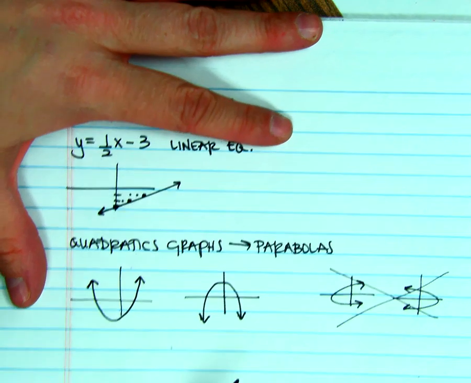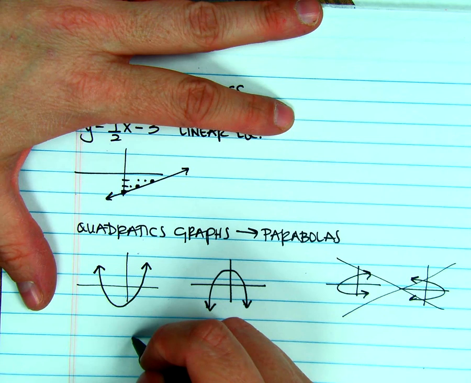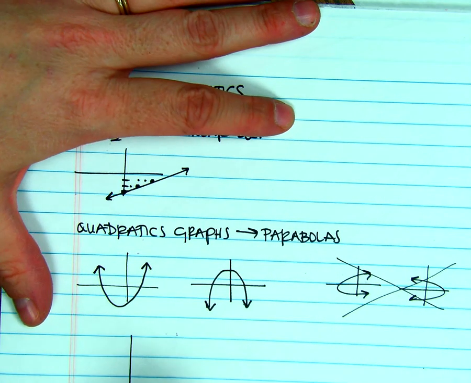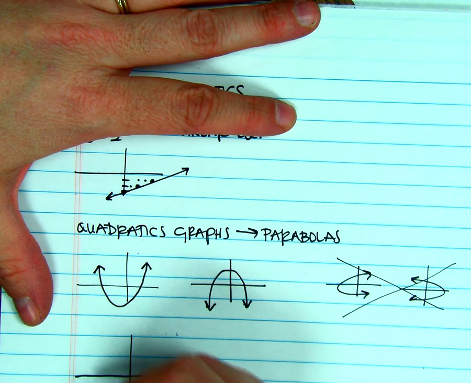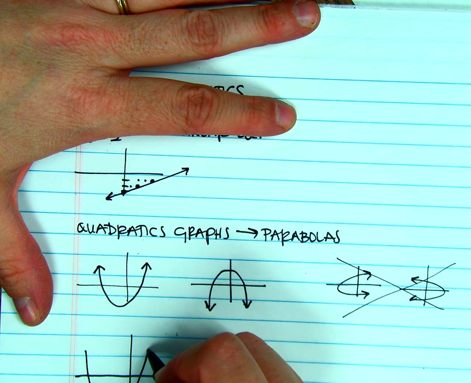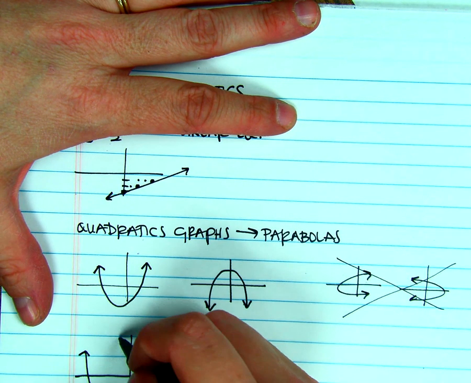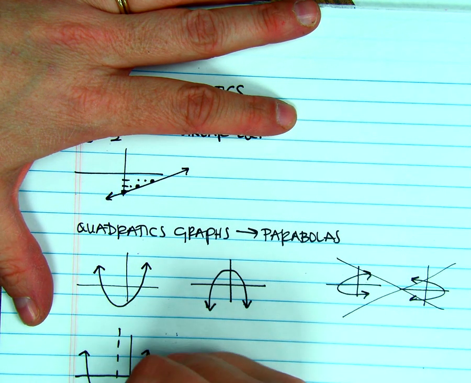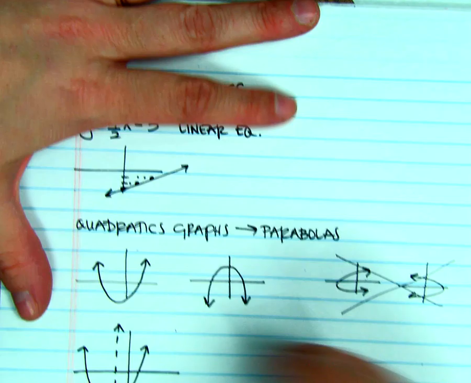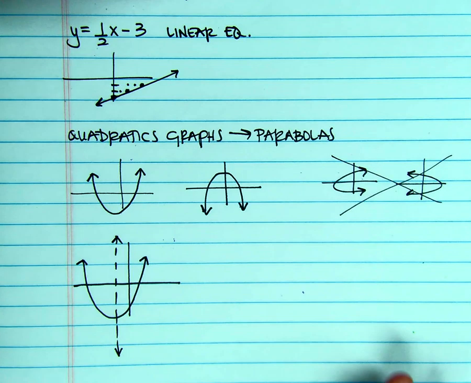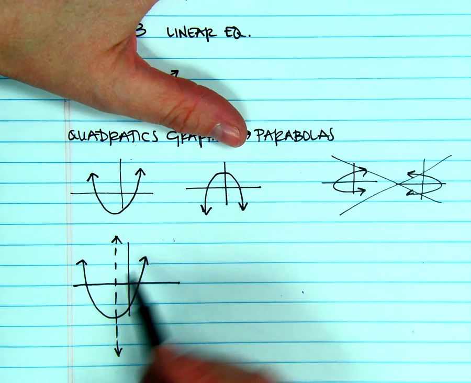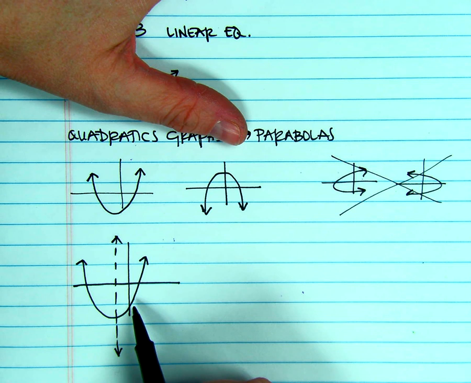When you have a parabola, the neat thing about parabolas is that no matter where it's at, there is what is called an axis of symmetry. And that axis of symmetry is what cuts the parabola in half.